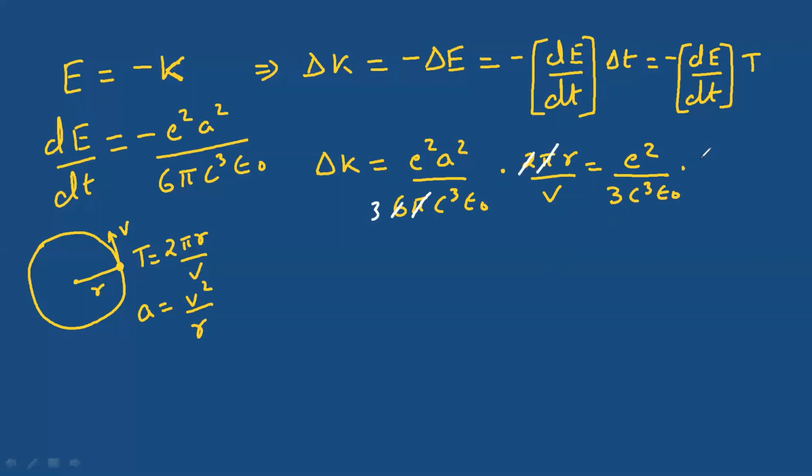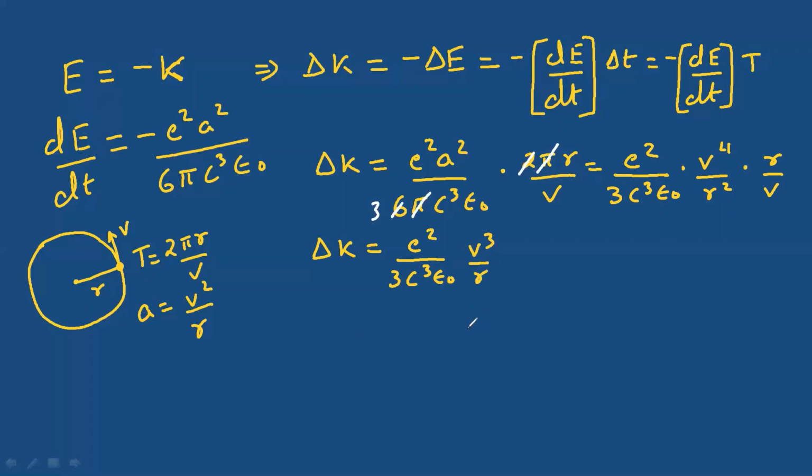A squared is going to be v raised to 4 by r squared, multiplied by r by v, right? So what do you have? Delta k is equal to e squared by 3 c cube epsilon naught into v cube by r.